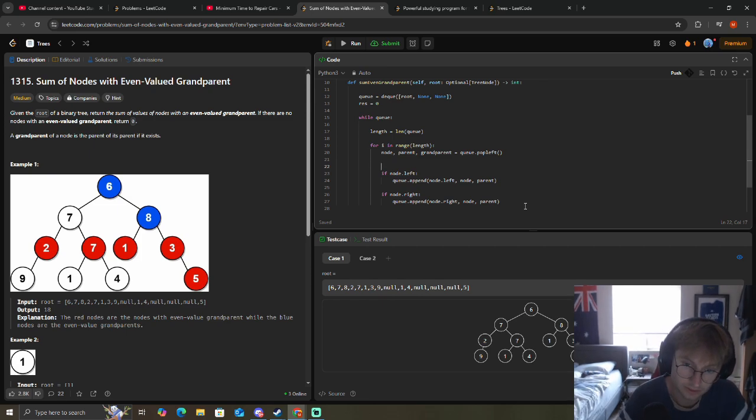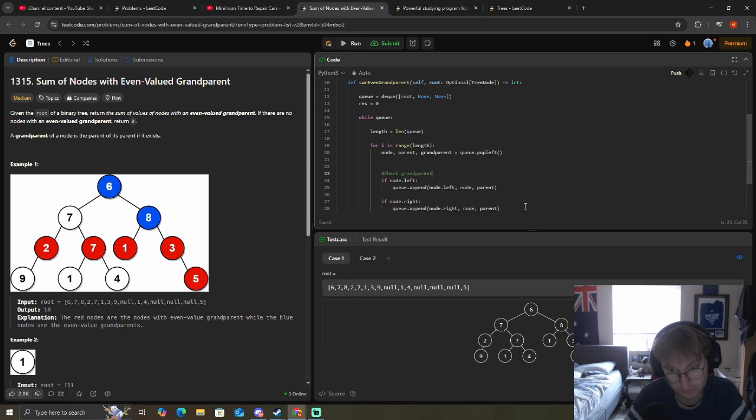And then inside the for loop here, we need to check, well, check grandparent is even, right?